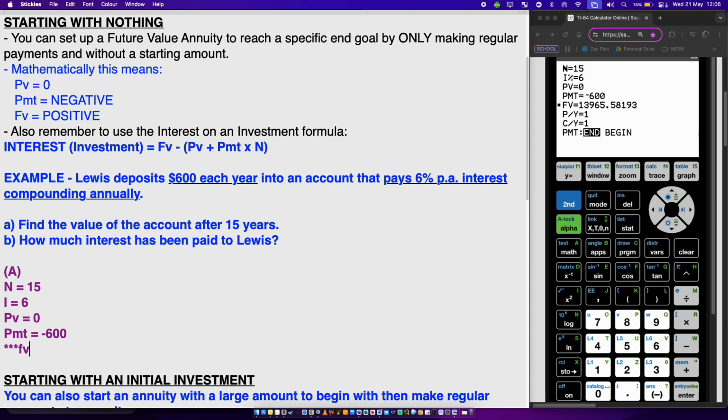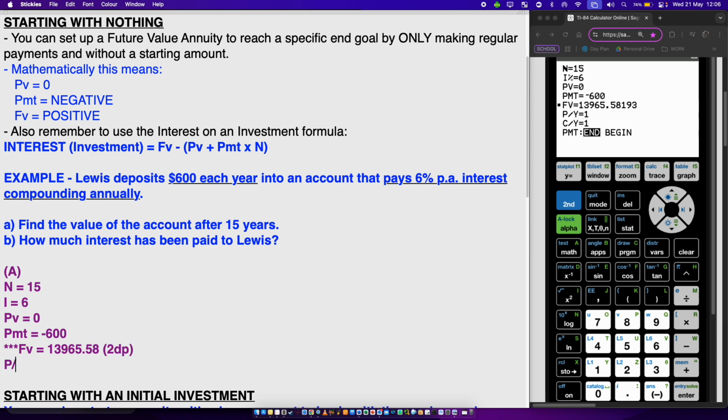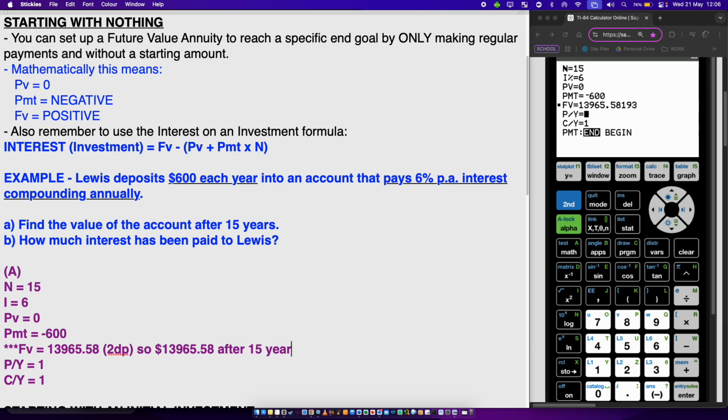Stars next to FV. 13965.58 to 2 decimal points. PY CY is 1. So $13,965.58. Not 14, 13. After 15 years.